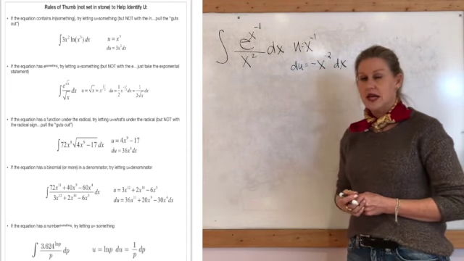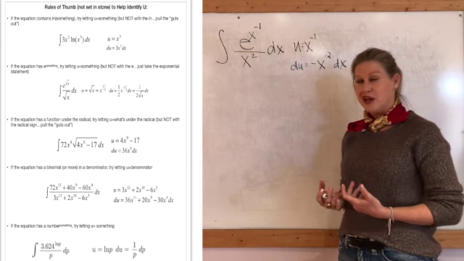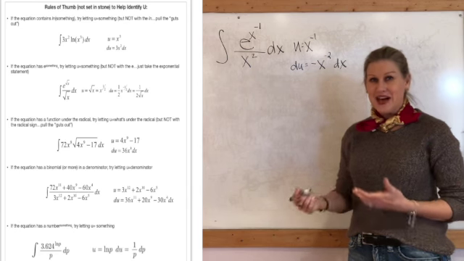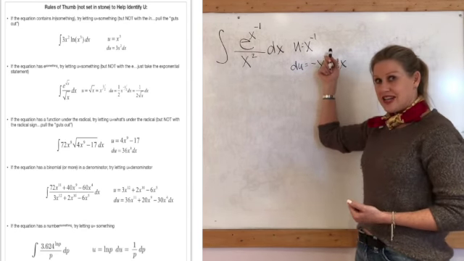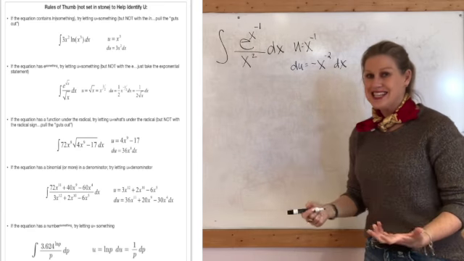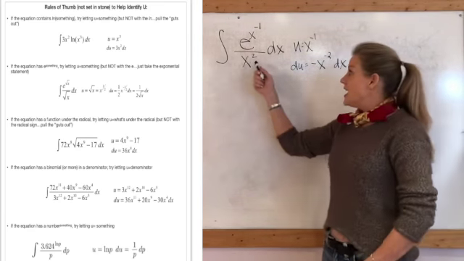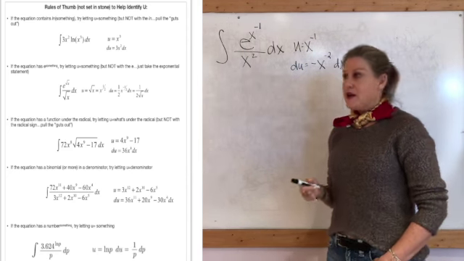Even though I said this is not an algebra problem, a lot of these U-Sub problems do require some algebraic skills. So you have to recognize somehow that this negative x to the negative 2 is essentially almost the same as, except for a negative sign, 1 over x squared dx.